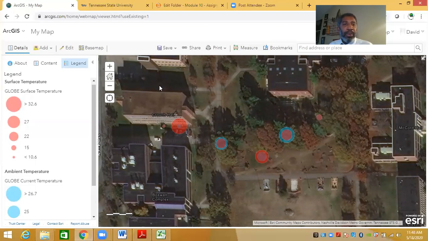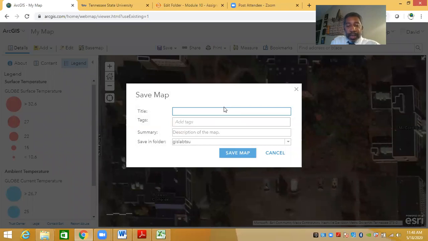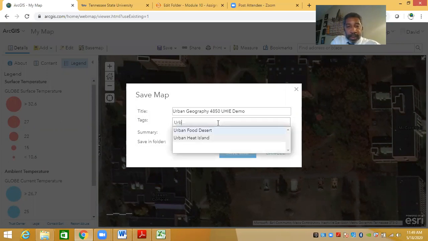And so we would save our map here. I would call this, in this case, Urban Geography 4850 UHIE demo. And I guess same tag, Urban Heat Island.